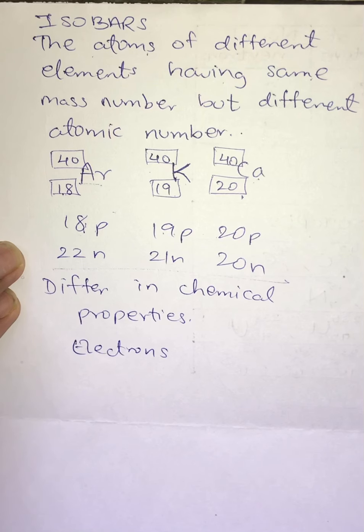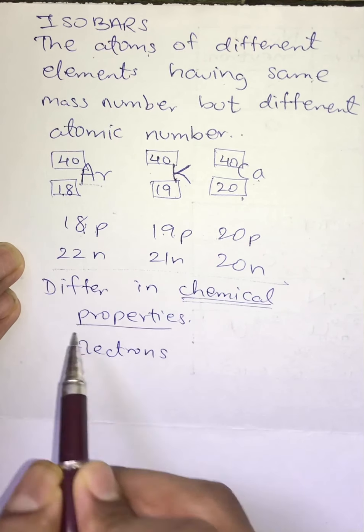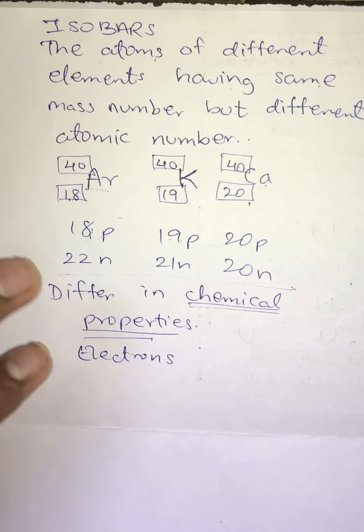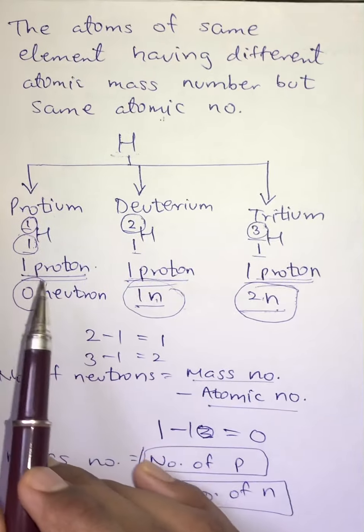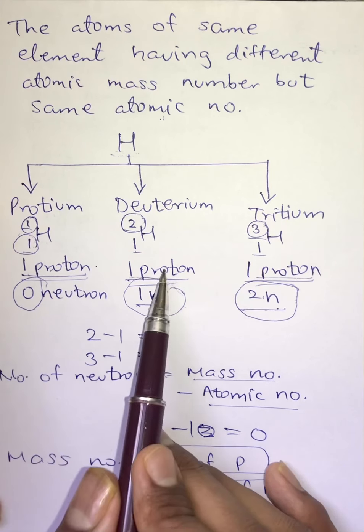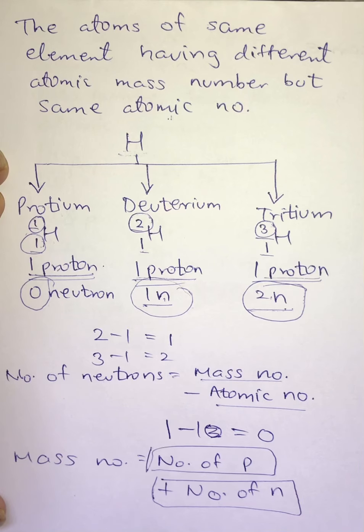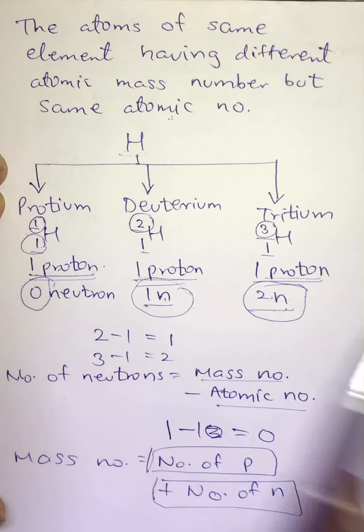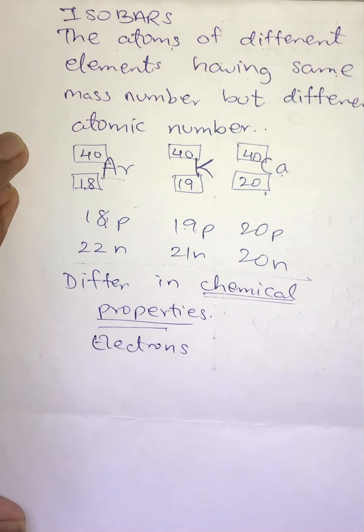So the number of electrons are changing, therefore its chemical properties are going to change. Whereas in our case where we have isotopes, the number of electrons are constant. We have one electron each. Therefore here the chemical properties are not changing. The only thing where chemical properties are going to change are isobars.